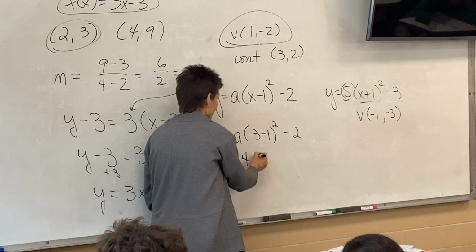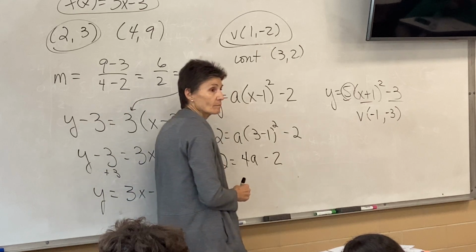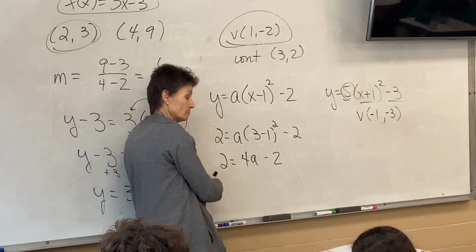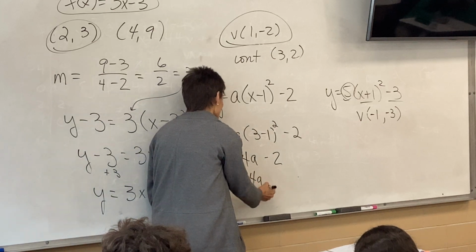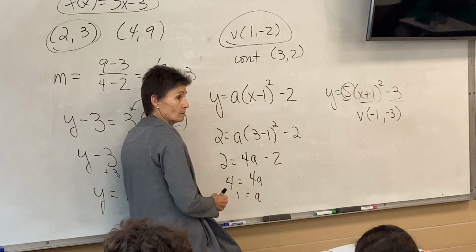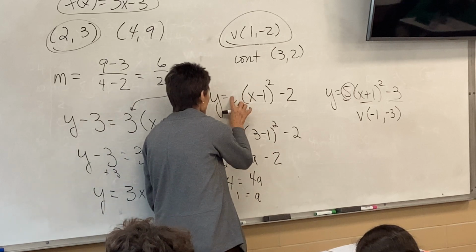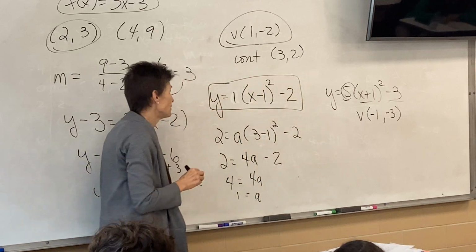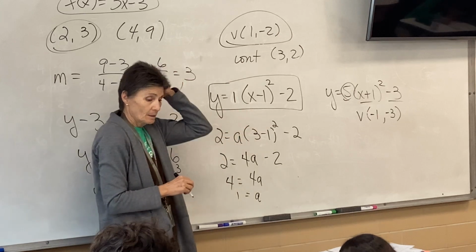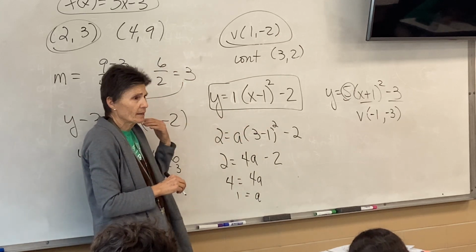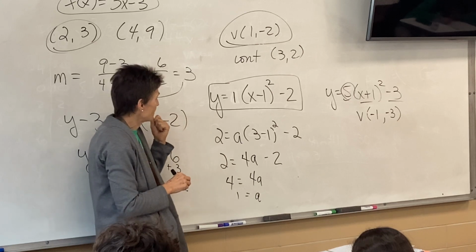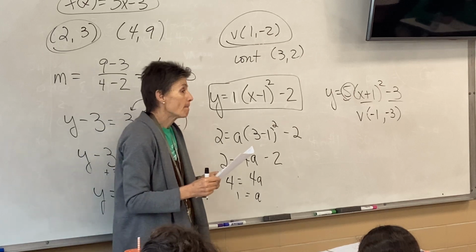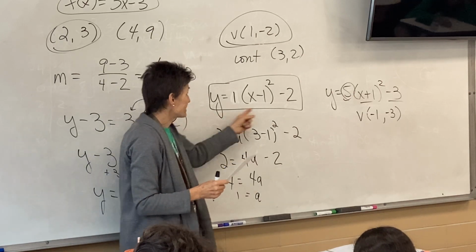So this is 4a minus 2 equals 2. So now I'll add 2. Oh wow, that worked out nicely. So a equals 1. So my equation is that. And since it's 1, you don't have to write it down. Usually it's something like 1/27 or some weird fraction. The equation is y equals (x minus 1) squared minus 2. This is the answer to the question.